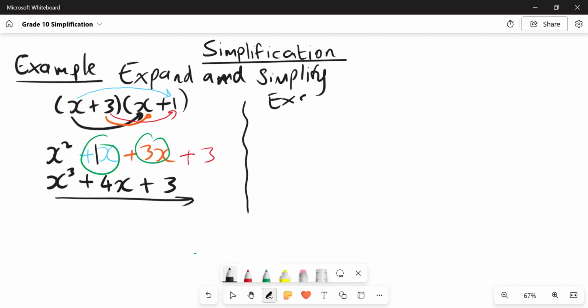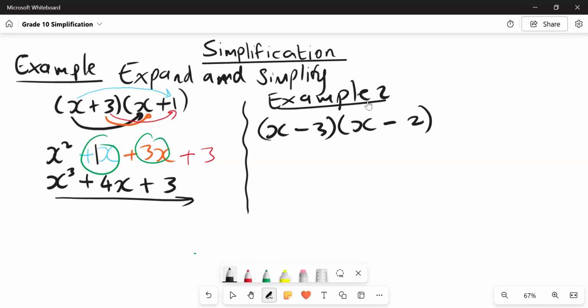Now let's move to example number 2. So again, for example number 2, now they're giving us x minus 3 and x minus 2. Again, let's apply the same thing. Start with the first ones, x times x, that's x squared.